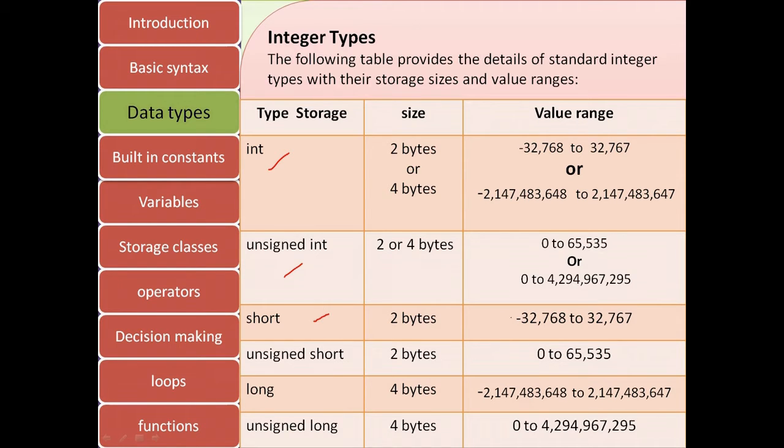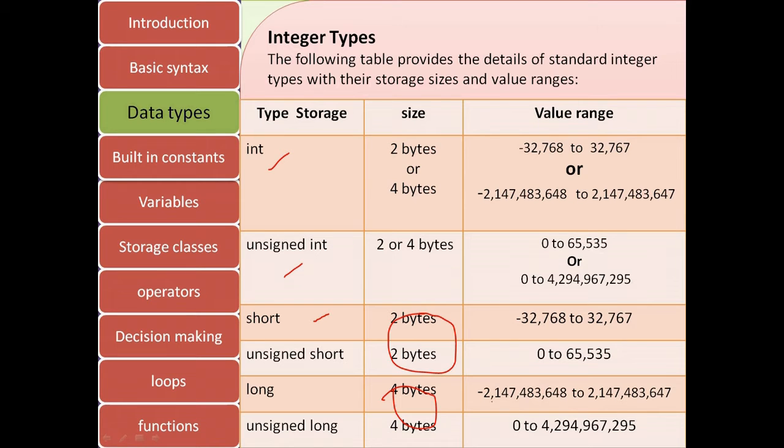Short occupies 2 bytes in the storage and its range varies from minus 32,768 to 32,767 for signed and 0 to 65,535 for unsigned. Long occupies 4 bytes in the storage.